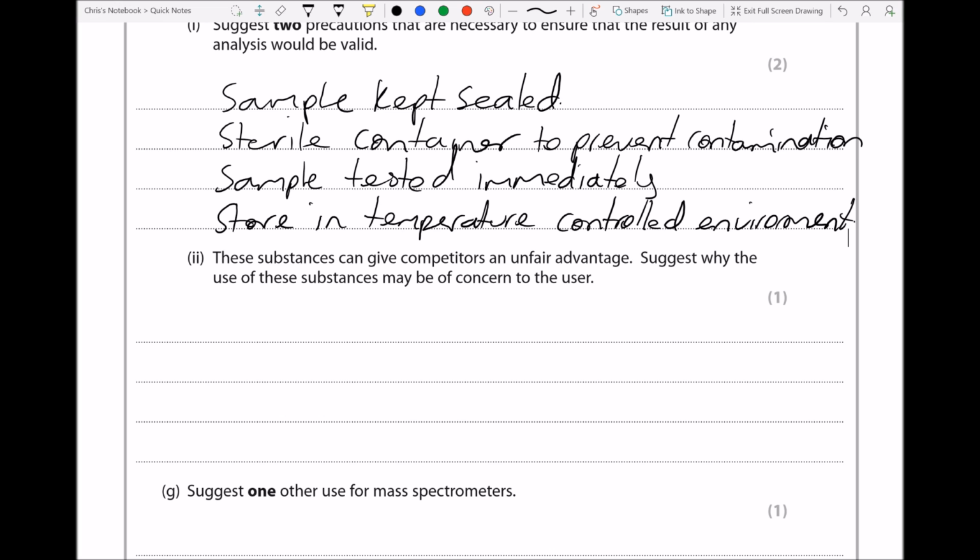But side effects can be things like retention of water or fluids. They can have mood swings. They can suffer from depression, anger issues, etc. There are a few things you can put here, mainly biological, I suppose. There's only 1 mark, so you just need to put one of these. Harmful side effects.